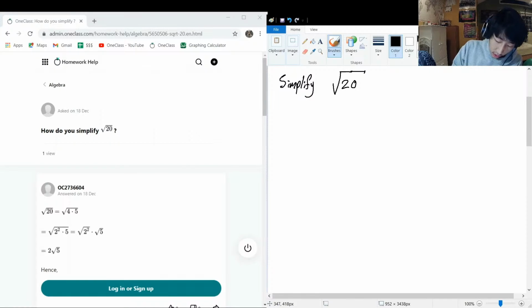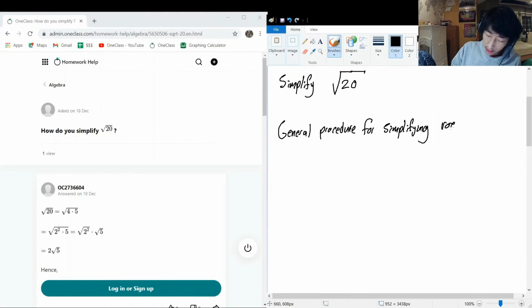So, general procedure for simplifying roots. The first thing that you want to do is factor your radicand.